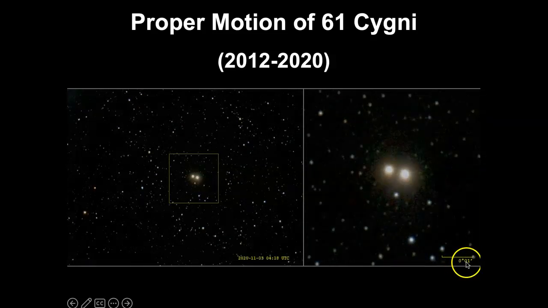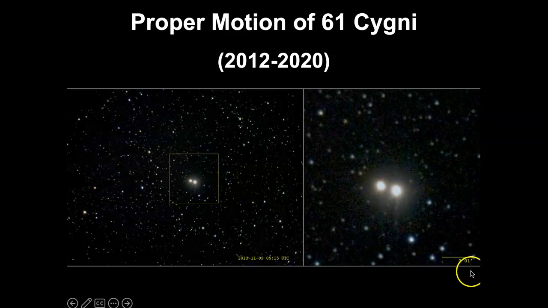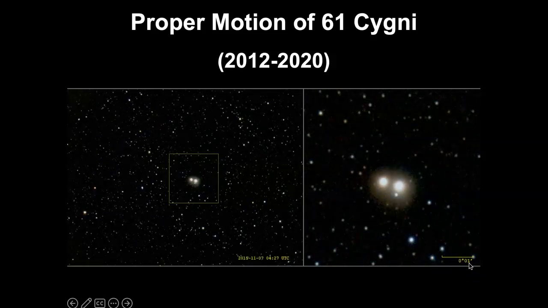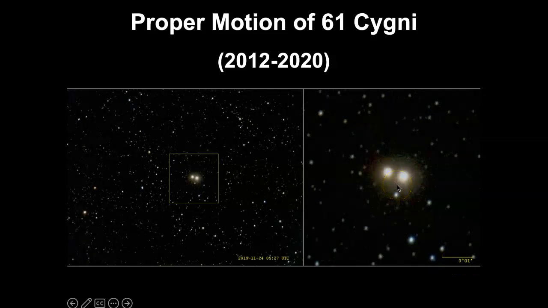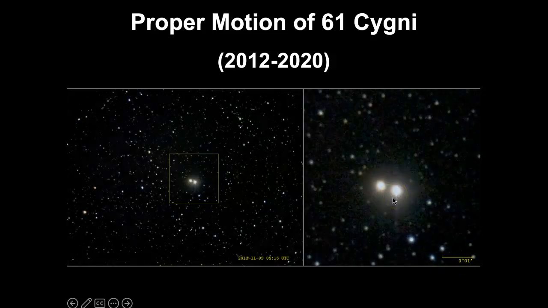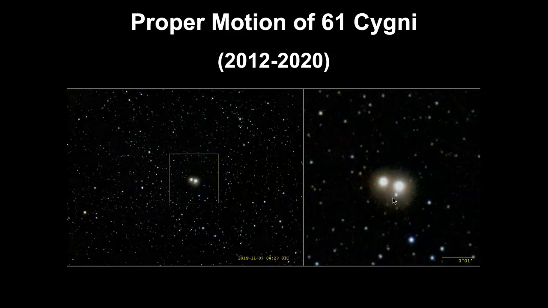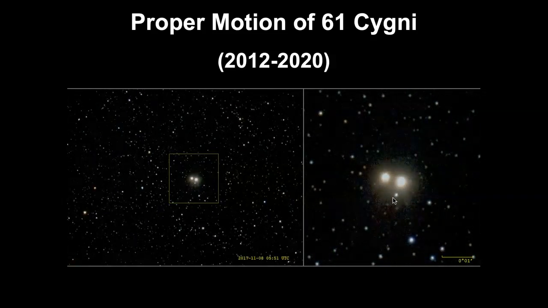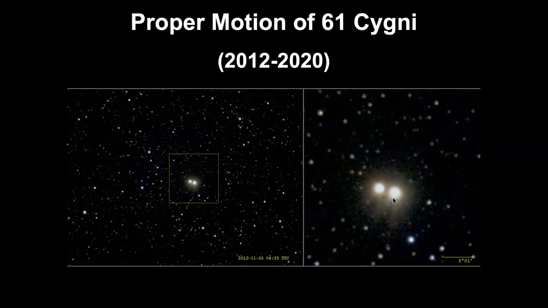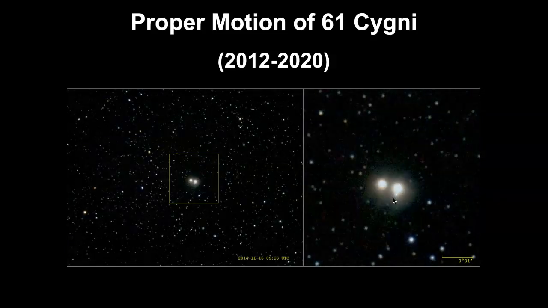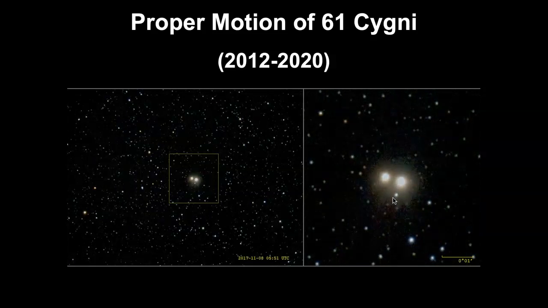Now this scale bar here is 1 arc minute. So these two stars, 61 Cygni is a binary system, these two stars moved not even an arc minute over 8 years. And this is fast compared to other stars, right?